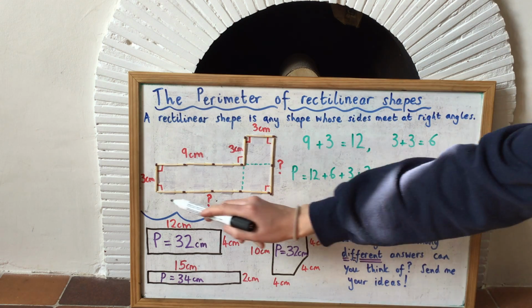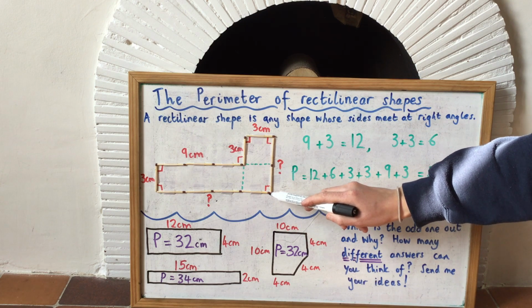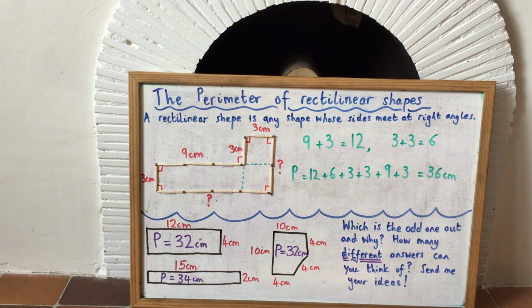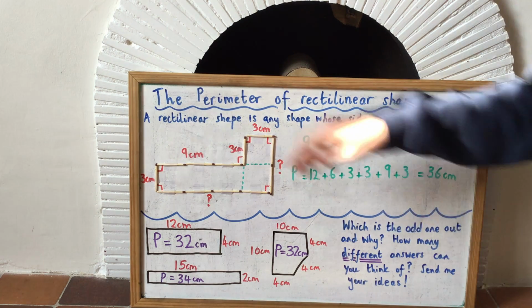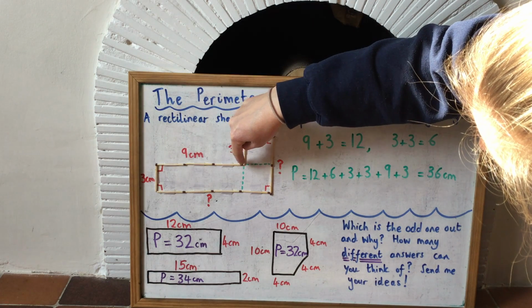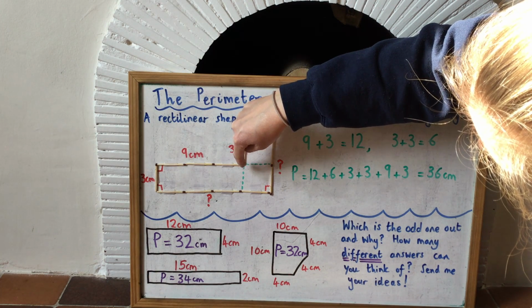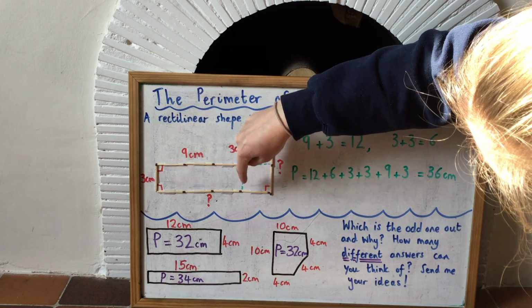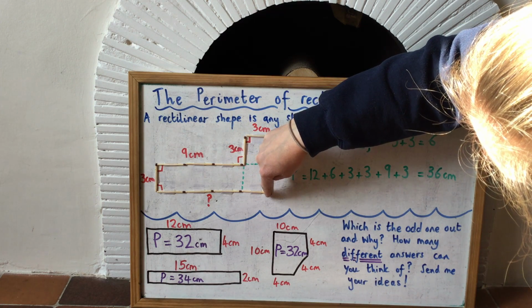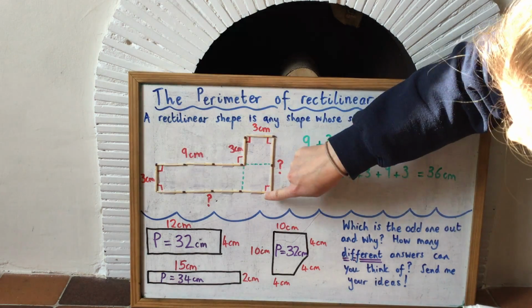So let's look first of all at this longest length. Now we're going to use the lengths we do have to help us work it out. So I can see that this length here is 9 centimetres, that goes up to this dotted line, but I've still got a little bit more to work out this length.